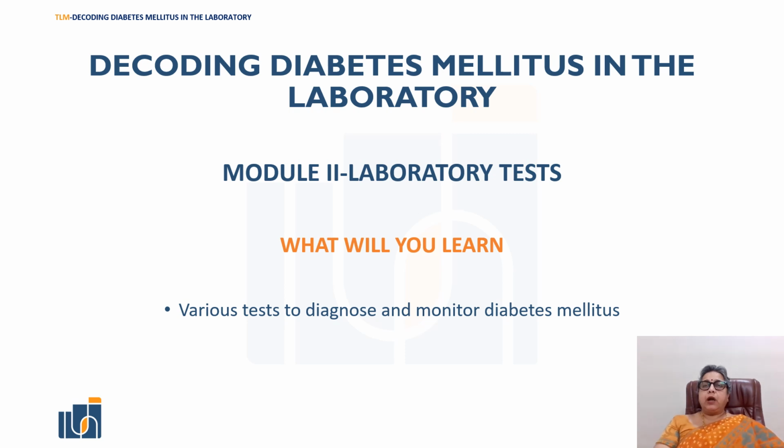Continuing with our course entitled Decoding Diabetes Mellitus in the Laboratory, in the previous module, we learned a little bit about glucose metabolism. We also learned what the different samples are that you can get in the laboratory in which we assess glucose, or samples that we can diagnose diabetes mellitus with.